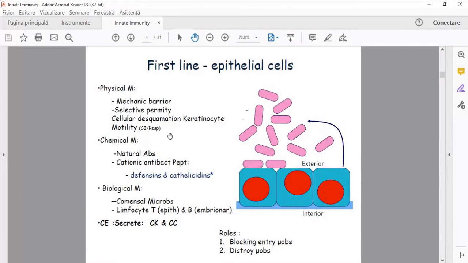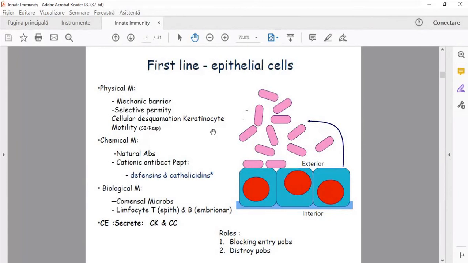Pentraxin is another substance which is able to protect the barriers. For example, C-reactive protein, which is able to inhibit microbe penetration by direct action, probably by damaging the membrane through lysis.